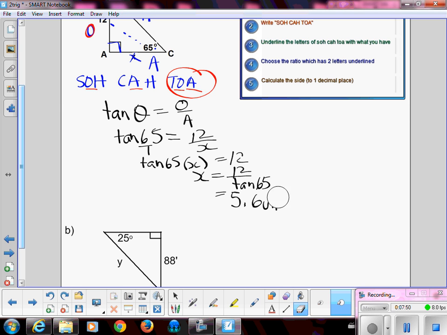If they don't give you whether it's centimeters or meters, and you want full communication marks, then I would use units. Now, if I wanted to find h, I could use trig again, or I could use h squared equals a squared plus b squared, which I think I'm going to do. So we have our 5.6 that we calculated.